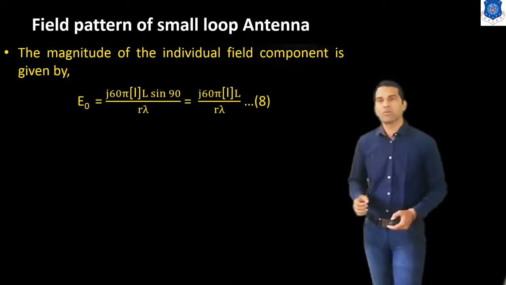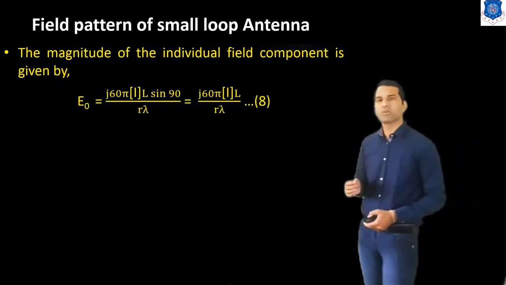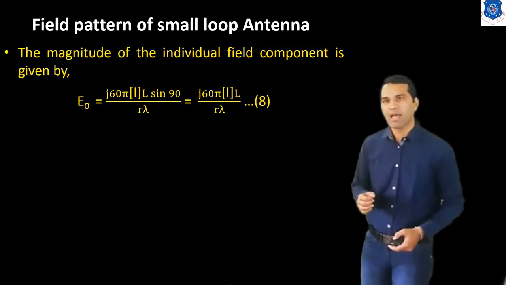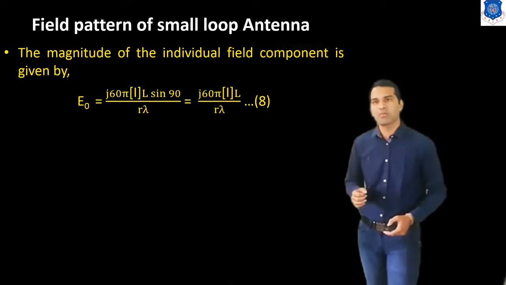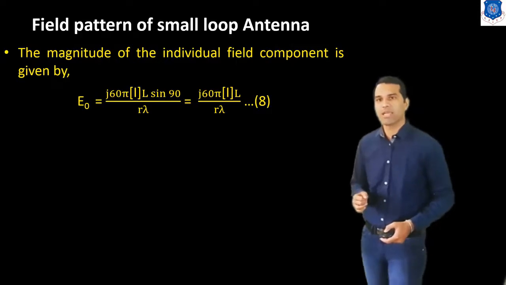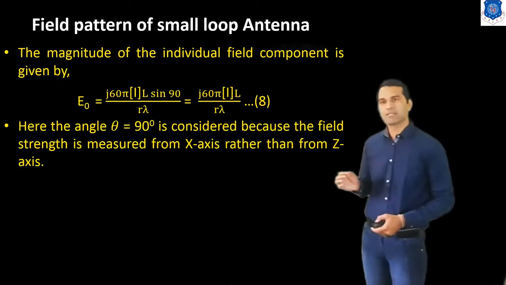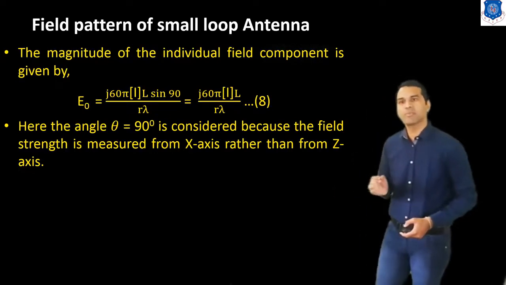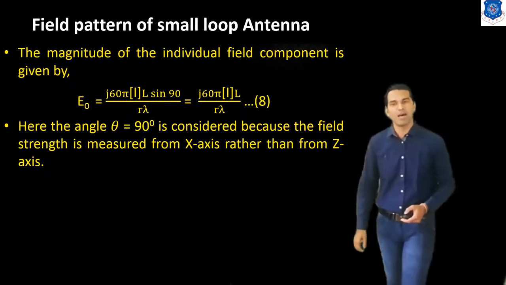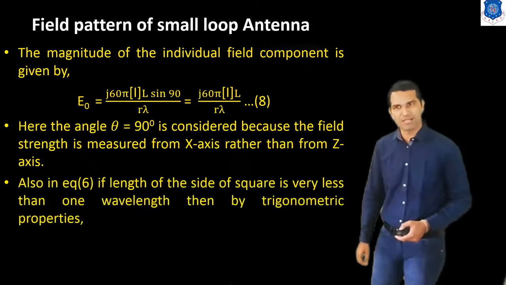The magnitude of the individual field component is given by, for the E component, j 60 pi IL sin 90 upon R lambda. So we can write the magnitude as j 60 pi IL upon R lambda. The angle theta is considered to be 90 degrees because the field strength is measured from the x-axis rather than from the z-axis.